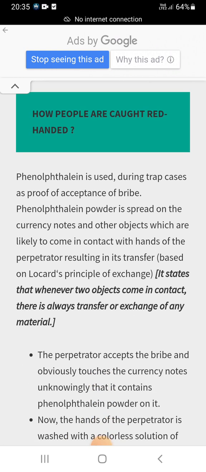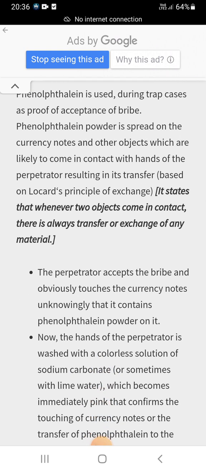How are people caught red-handed? A very famous principle is given by Locard, the principle of exchange. It states that whenever two objects come in contact with each other, there is always a transfer or exchange of material.